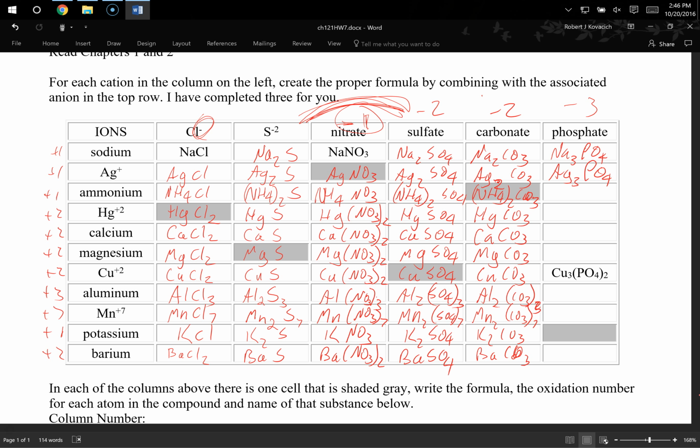So sodium phosphate, silver phosphate, ammonium phosphate, and then mercury phosphate, and calcium phosphate, and magnesium phosphate, and aluminum phosphate, and manganese phosphate, and potassium phosphate, and barium phosphate.